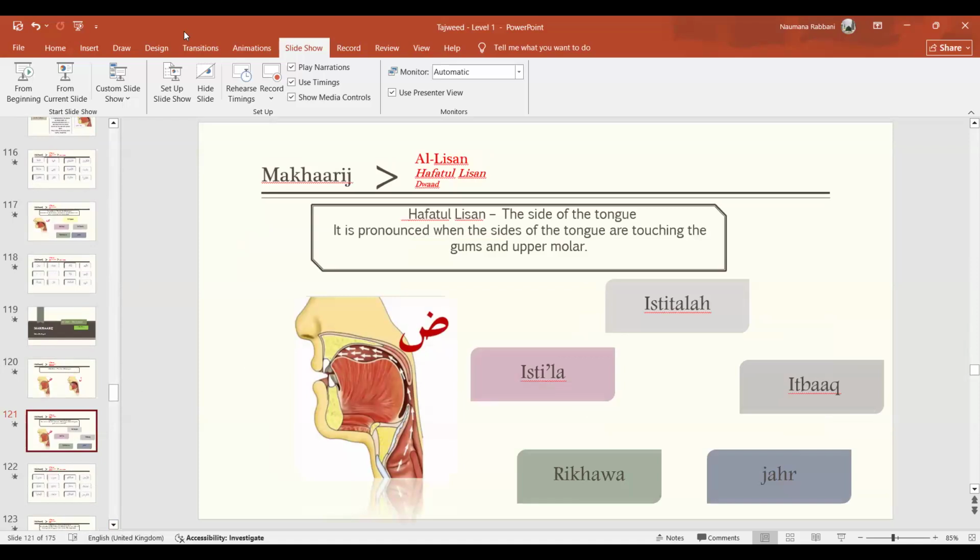And it is a letter of isti'la, that means the back of the tongue is raised, so it's a heavy letter, and it is amongst the four letters where even the middle of the tongue is raised, so this sound is quite encapsulated. It's a very heavy sound, dod.